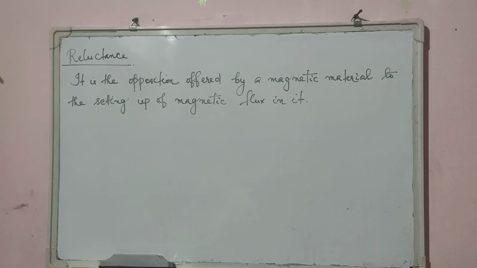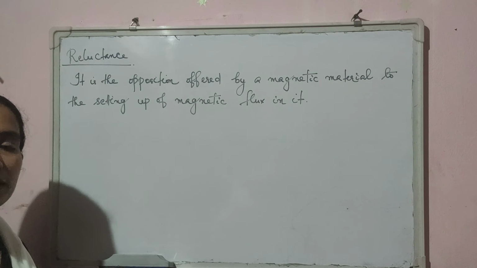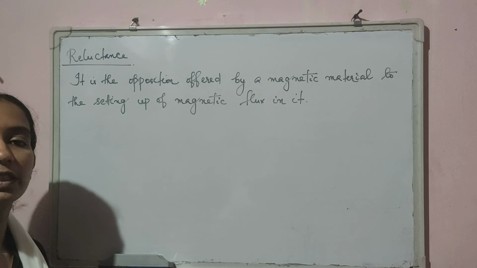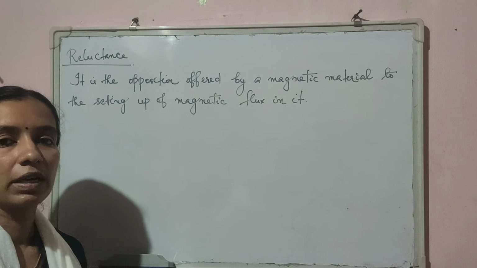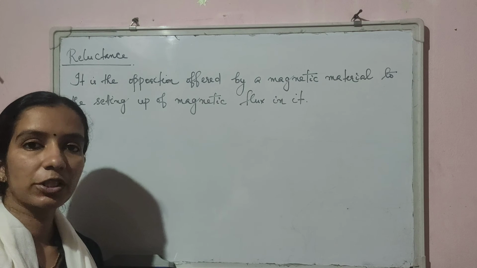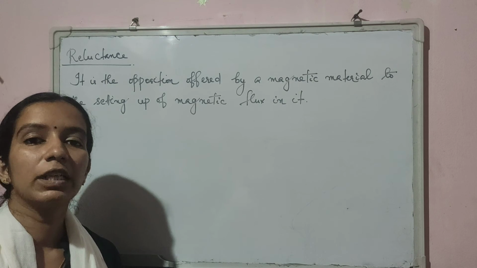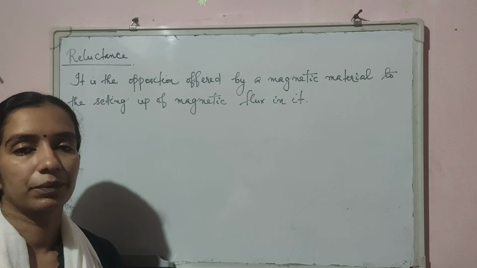So the next term is reluctance. This term reluctance sounds similar to the term resistance. So we know what resistance is: resistance is the opposition offered by a conductor to the flow of current through it.